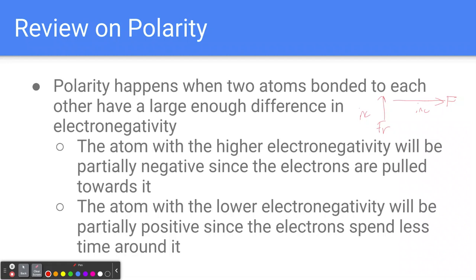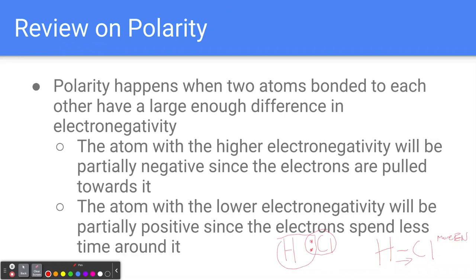So if we think about something like HF, or I don't want to use that, sorry. Let's use HCl, my bad. So the Cl is more electronegative than the hydrogen, and so what's going to happen here is that the electrons are going to be pulled a little bit closer to chlorine. So what it really looks like is they're still shared between them, but the electrons spend a lot more time around chlorine than they do around hydrogen.